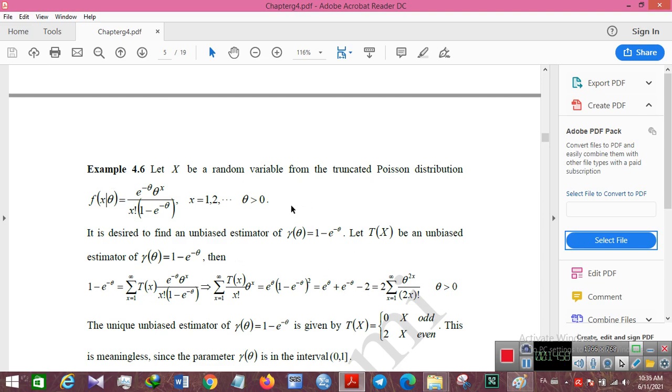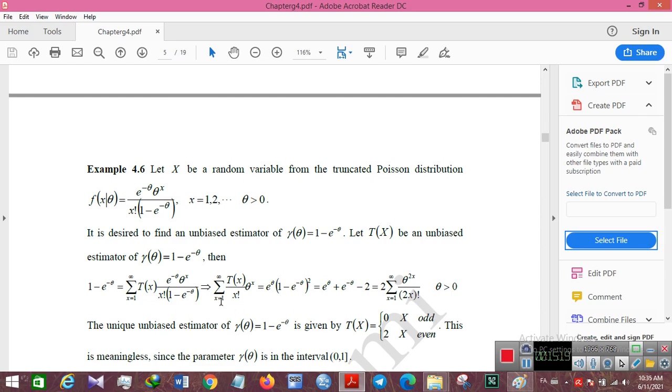If you want to find the unbiased estimator for gamma(theta) equal to 1 minus e to the power minus theta, suppose T(X) is the unbiased estimator, then you have this equation.